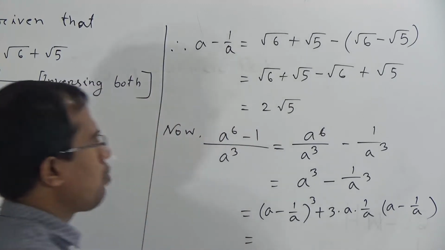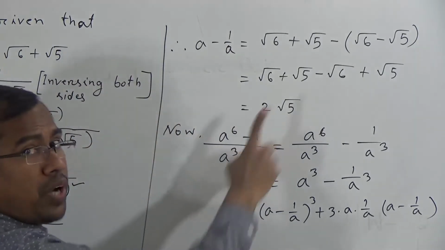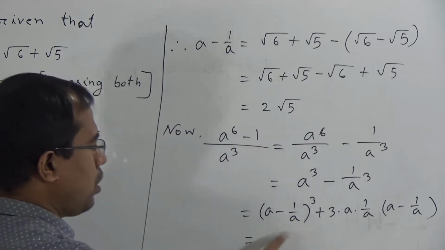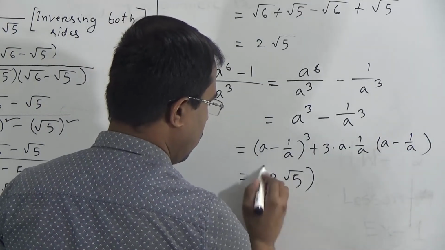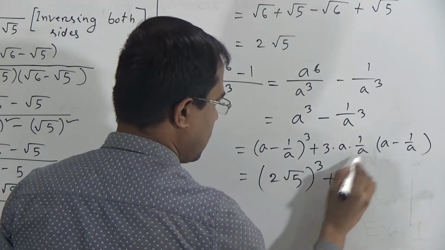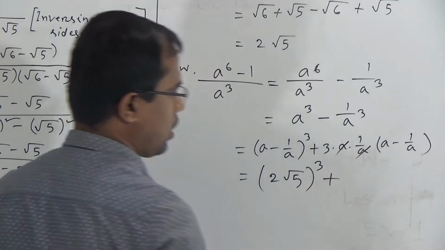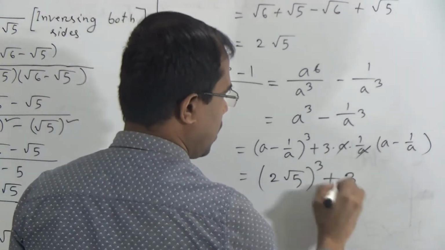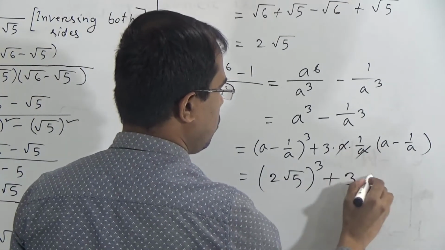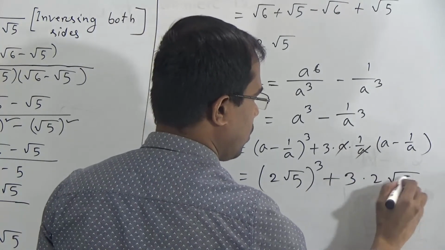Now a minus 1 by a is equal to 2 root 5. So we can put the value of a minus 1 by a, 2 root 5 whole cube, plus here this a and this a we can cut. The value of a minus 1 by a is equal to 2 root 5, so at first we will write 3, then the value of a minus 1 by a, 2 root 5.